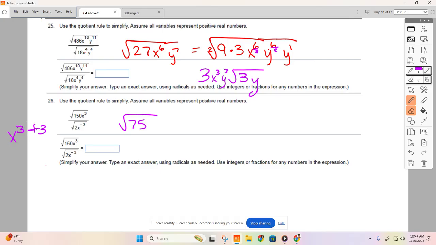If you do that in the calculator, 3 minus negative 3, you'll get x to the 6th. 75 is going to be split into 25 times 3, and I leave the x to the 6th since it's even, and I can divide it by 2 easily. The square root of 25 is 5. I still have a 3 underneath. Divide that exponent by 2, and I get to take out an x cubed.